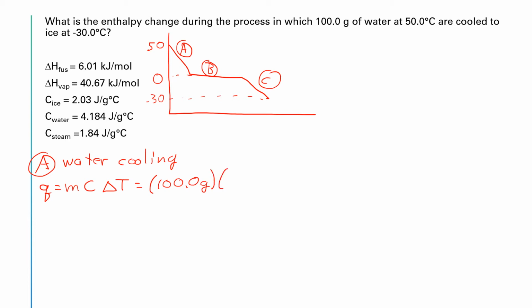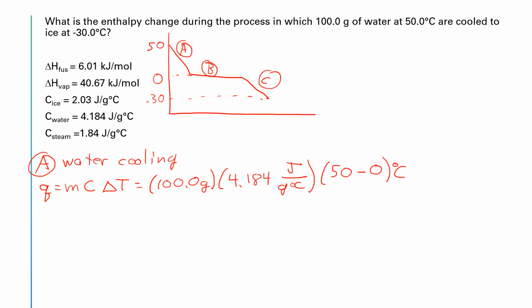C, the specific heat for liquid water, is 4.184 joules per gram per degree C, and our delta T is 50 minus 0 degrees C, because in this region we are cooling it.